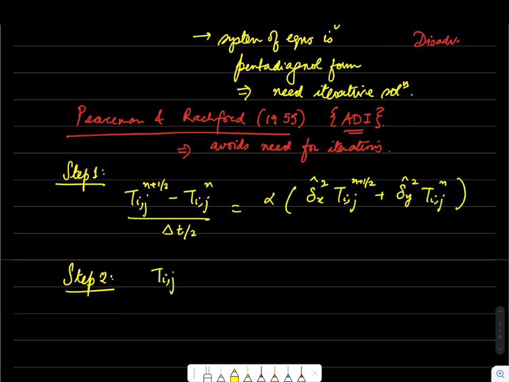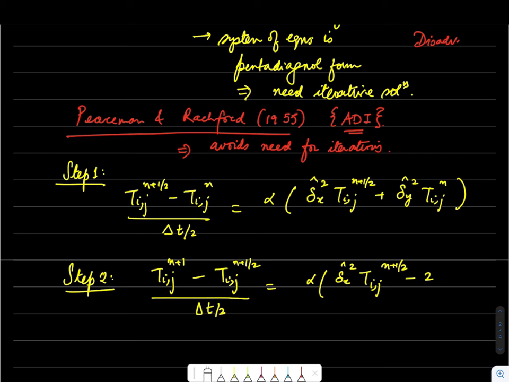So we will say T i j n plus 1 minus T i j n plus half by delta t by 2 is alpha times del hat x square T i j n plus half plus del hat y square T i j n plus 1.